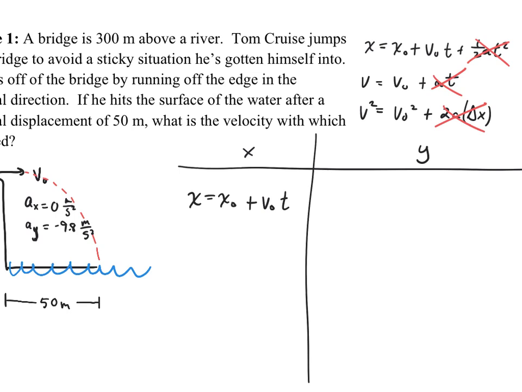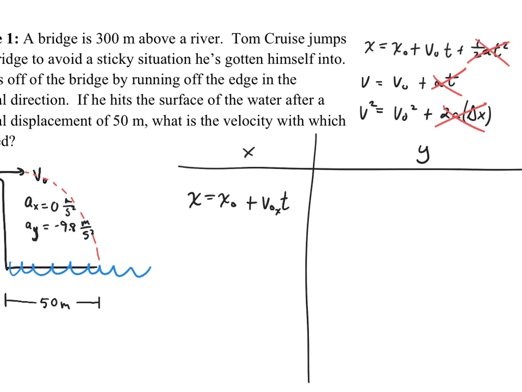So instead of v0 here, let's call this v0x, or vx0. Your book does vx0, I do v0x. It doesn't make a difference. I'm going to put a little extra subscript, an x there, to indicate the initial velocity in the x direction.